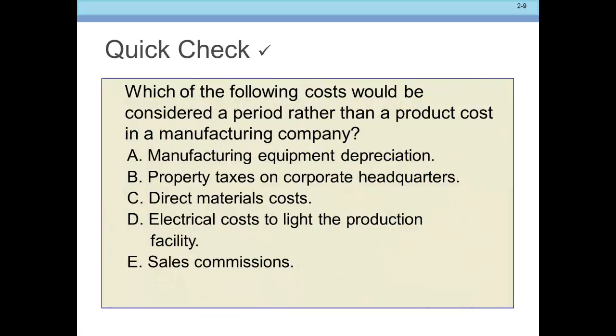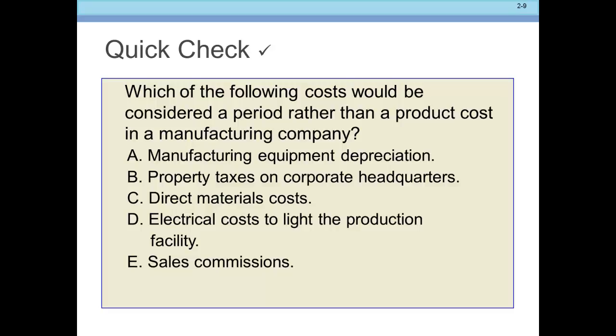Hey Sketch, which of the following costs would be considered a period rather than a product cost in a manufacturing company? Well, if the cost is related to production, then it must be a product cost. And if it doesn't have anything to do with the production of an item, then it must be a period cost.